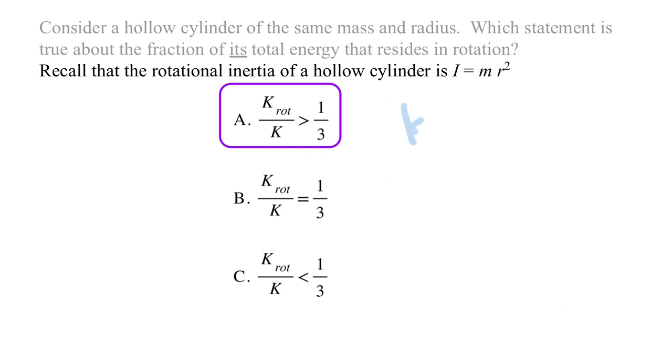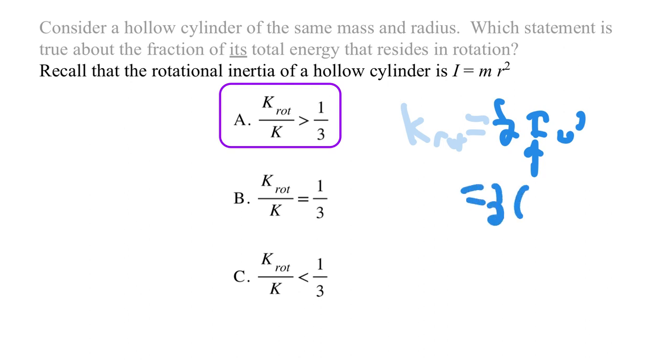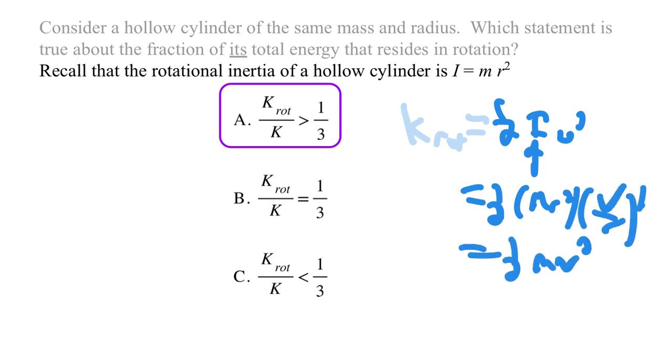Because K rotation is 1/2 I omega squared again, but I is larger. And so in this case, we would get 1/2 mr squared times (v over r) squared, or 1/2 mv squared, meaning the rotational energy is equal to the translational energy and therefore is half of the total energy. And a half is bigger than 1/3.